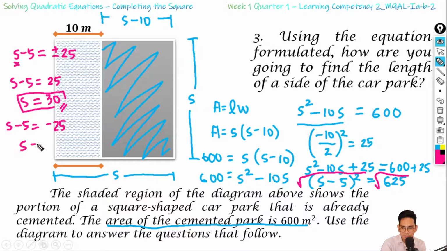We have S is equal to negative 25 plus 5, which is negative 20. Now, since we are talking about the dimensions of the side of the square, this cannot be negative. Therefore, this one is extraneous. Therefore, we accept that the side of the square, or the side of the car park, is equivalent to 30.